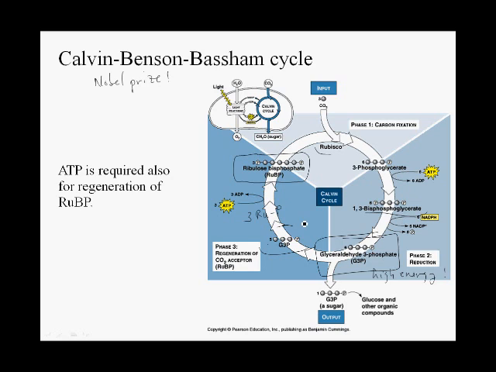Alright, so you don't really have to remember all of this. The point is for you to understand that if you have enough carbon dioxide being fixed, then some of these intermediates in the Calvin-Benson cycle can leave and still leave enough intermediates that can rearrange themselves and complete the cycle.